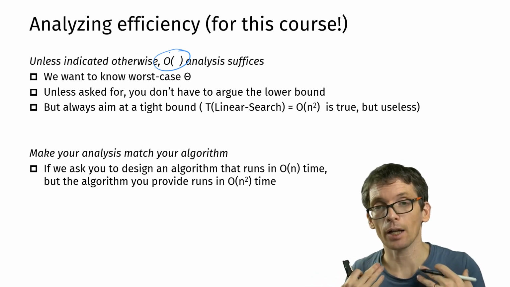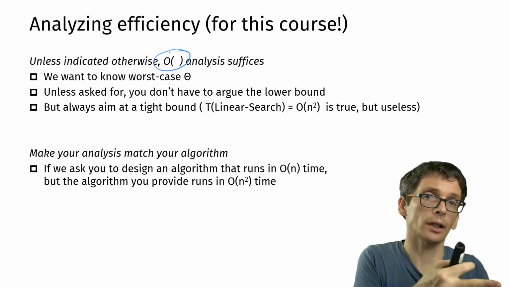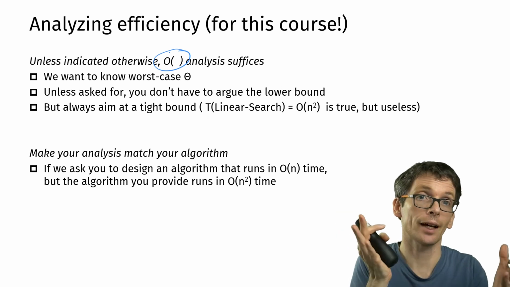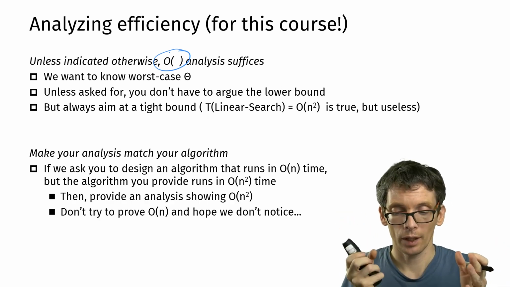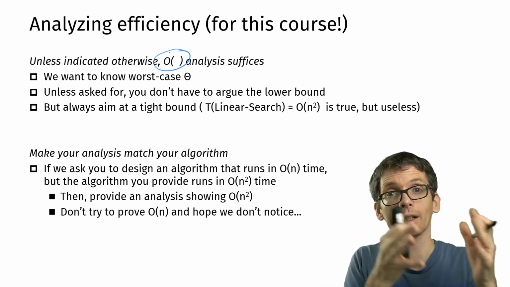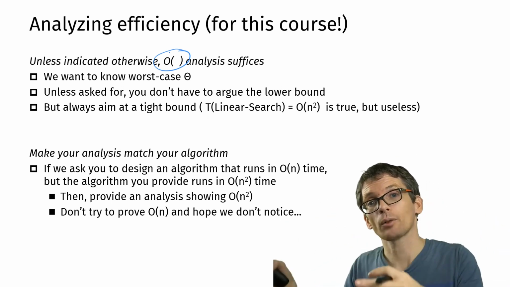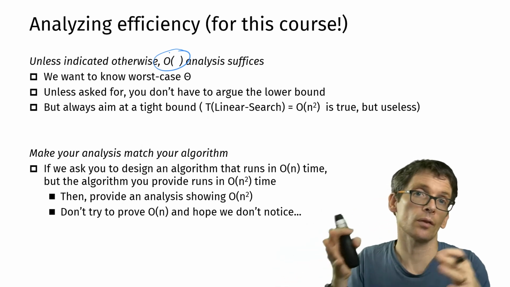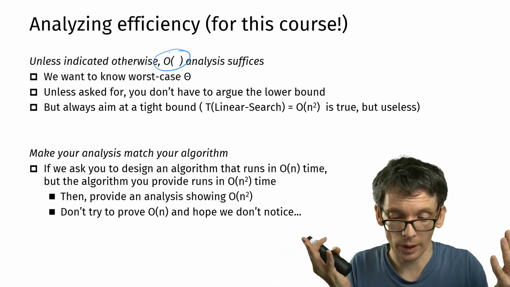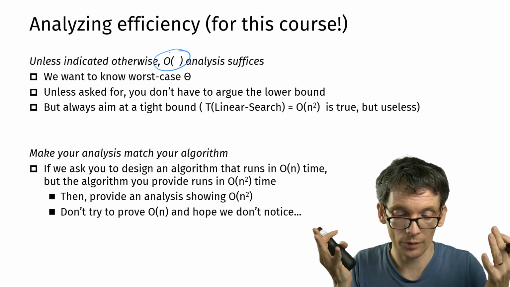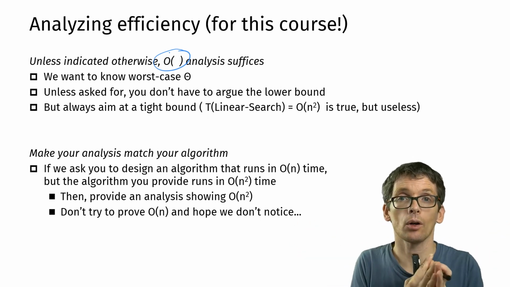If I ask you for a linear time algorithm and you give me a quadratic time algorithm, that is not ideal, but it is even worse if you give me a quadratic time algorithm but try to prove that it runs in linear time. So if you have a quadratic time algorithm, then obviously the running time analysis should also figure out that the running time is quadratic. So that's all for today.